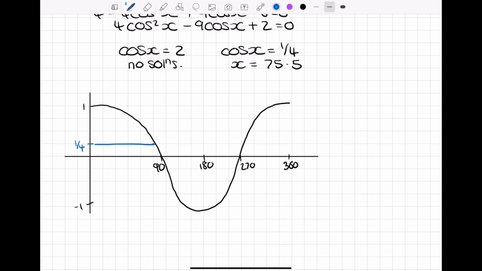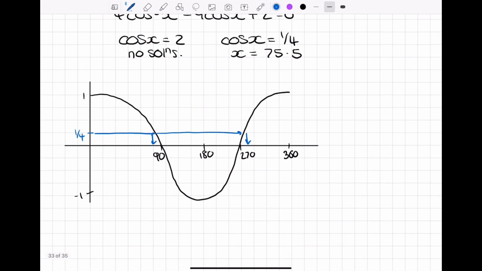If we go across, then close to 90, that fits in well with our 75.5 there. However, if we continue in this line, we'll have another solution. This solution will be just past 270 degrees. So it helps to know exactly what solution that we're looking for.